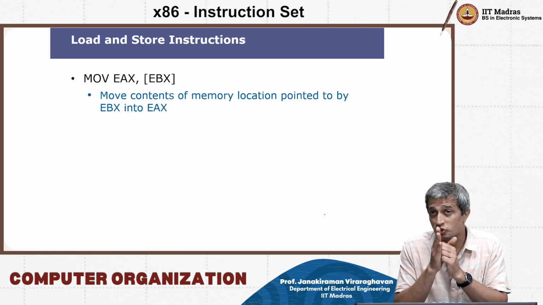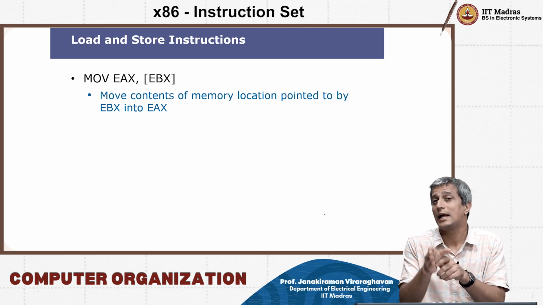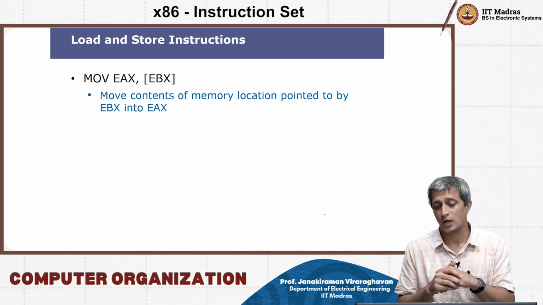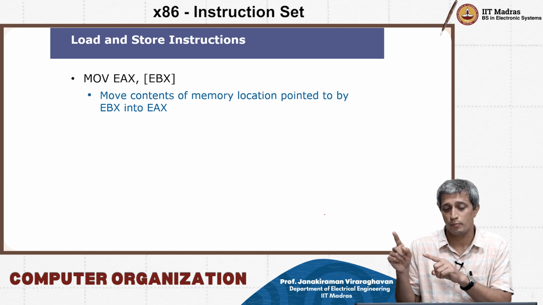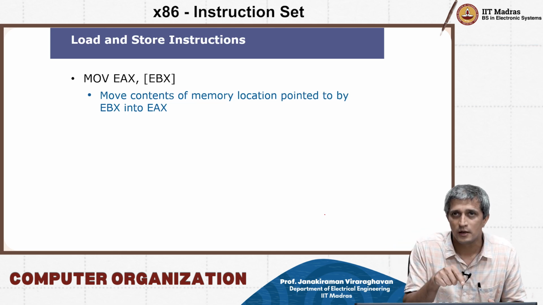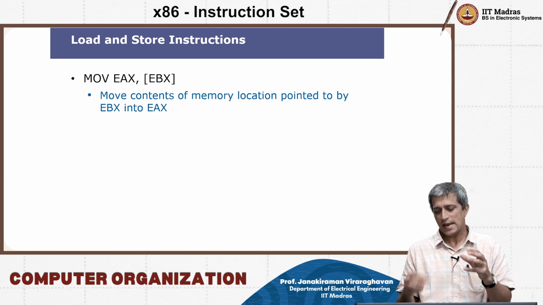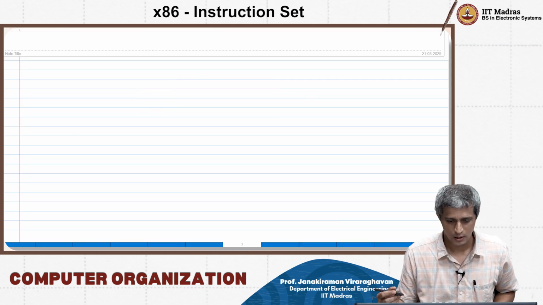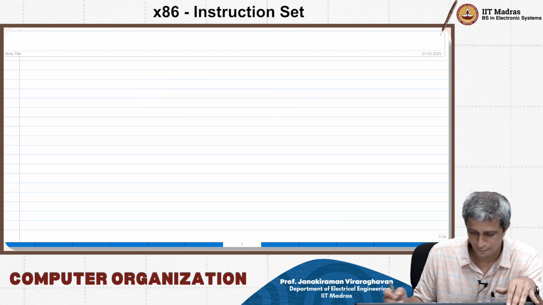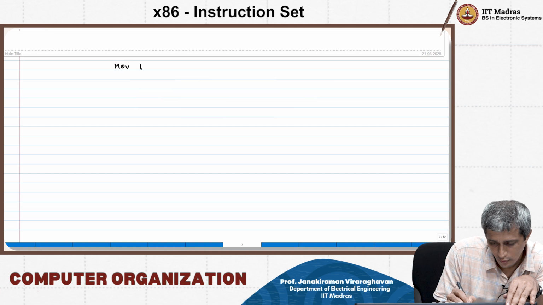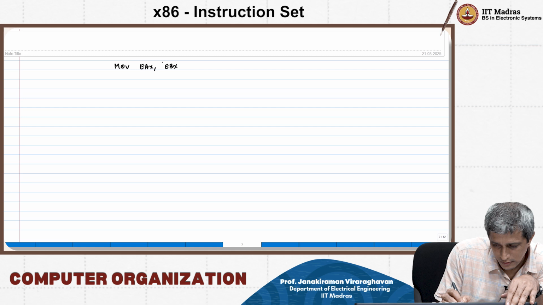I could choose to treat that register as an address, and therefore I may want to move the contents of the memory location pointed to by EBX into EAX. So we write MOV EAX, [EBX].